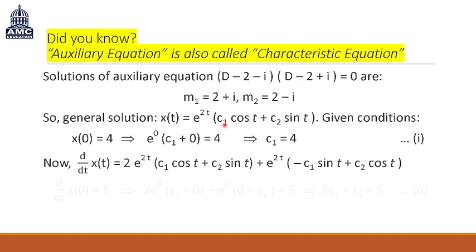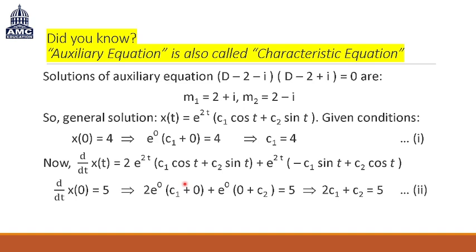So this becomes negative c1 sine t, and then c2 sine t becomes c2 cosine t. Now once we have got this, we substitute t equal to 0 and dx/dt at t equal to 0 as 5, and that gives us our second equation, 2c1 plus c2 is equal to 5.